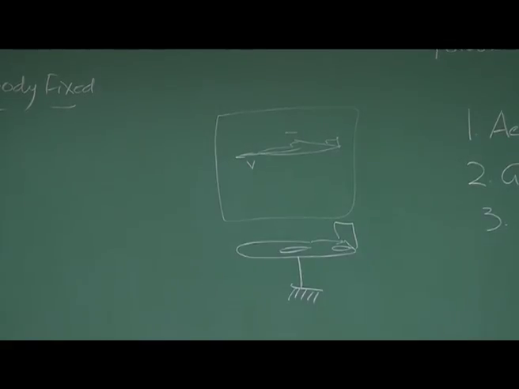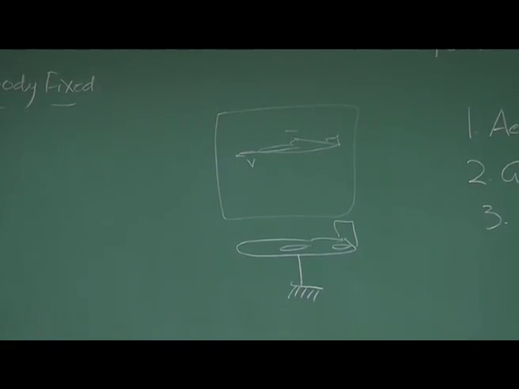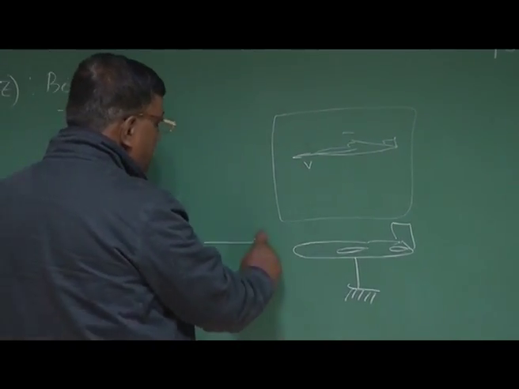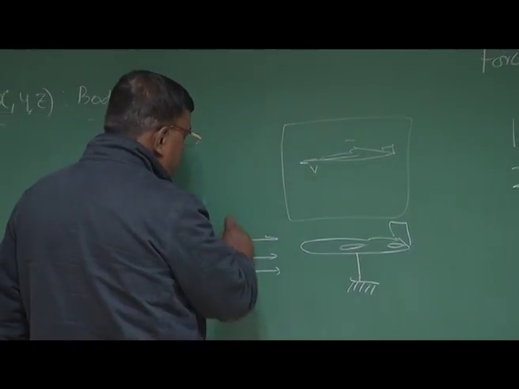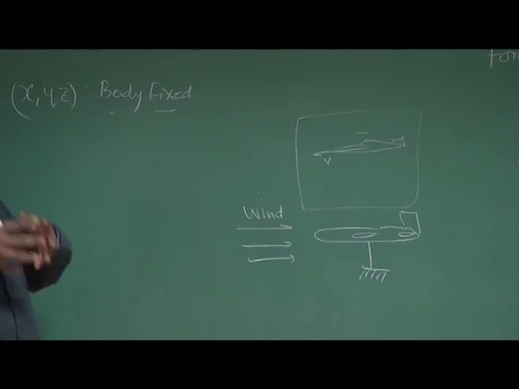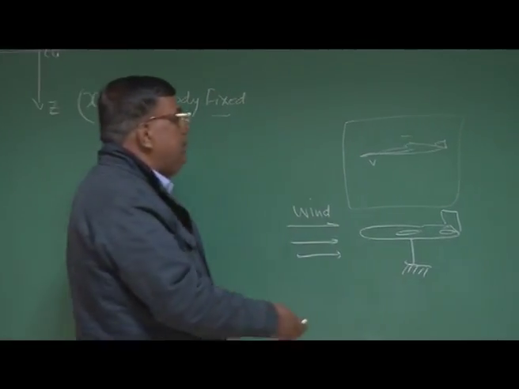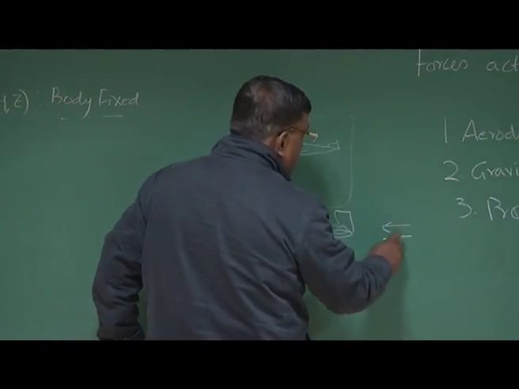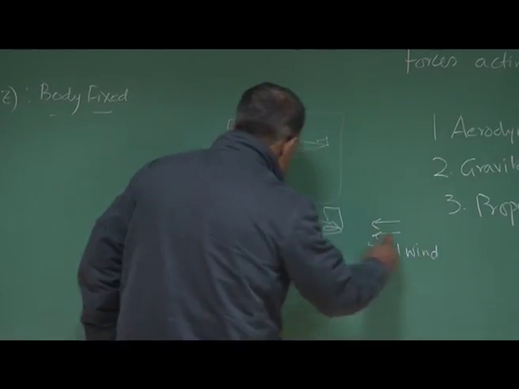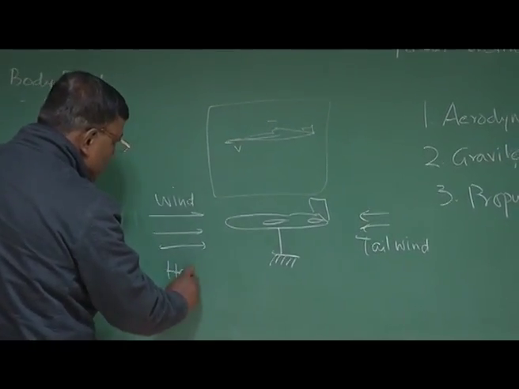It is not moving with respect to ground. But if suddenly wind starts blowing, it could be wind coming toward the head, we call it headwind. If it comes from here, we call it tailwind.